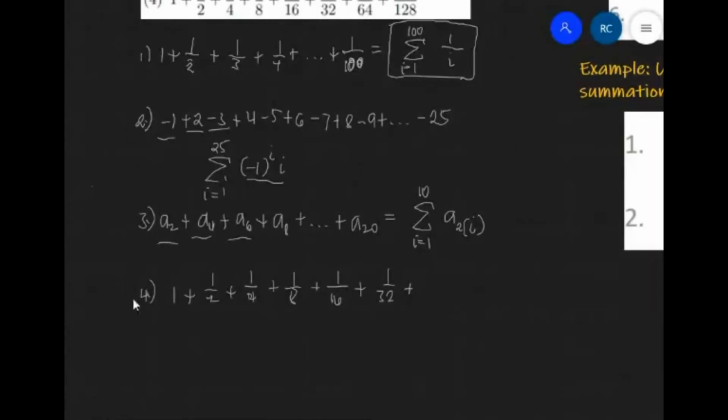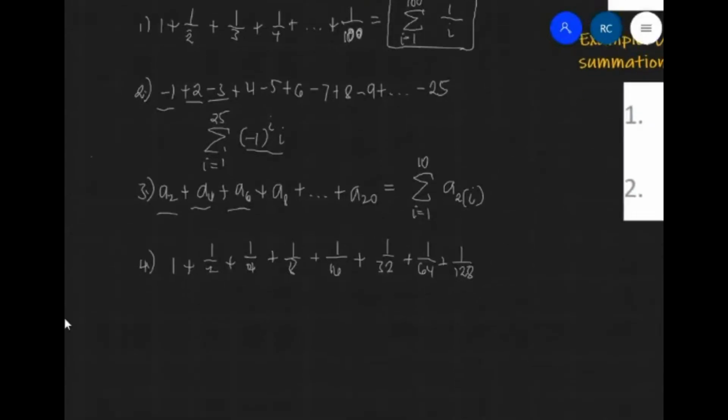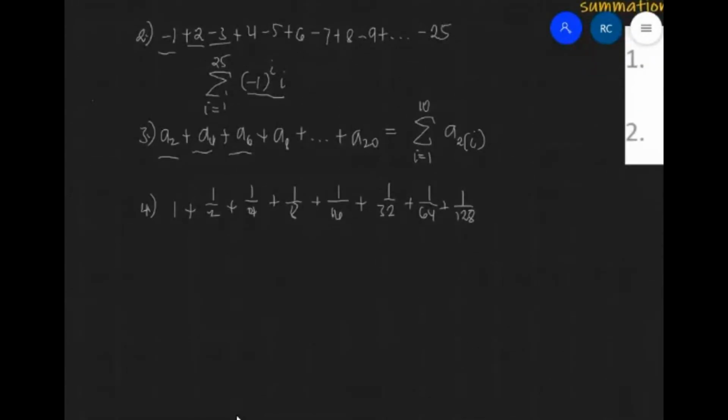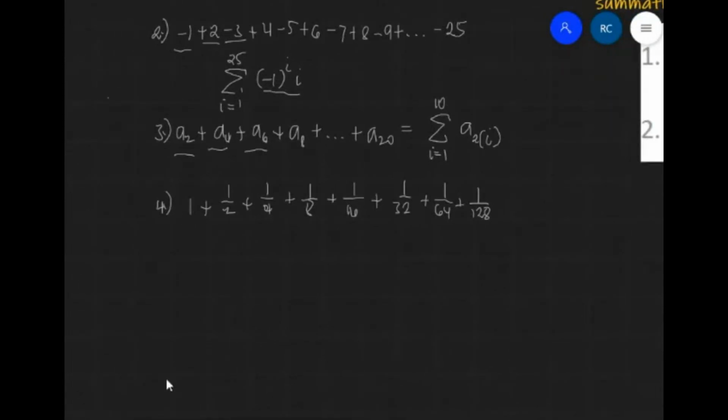Okay. Sinusulat ko pa lang yun, problem number 4. Ayun po. 1 over 64, 1 over 128. Okay. Obserbahan natin yung ating denominator, kasi yung denominator natin nagbabago. Alam natin na whole number ay may denominator na 1.